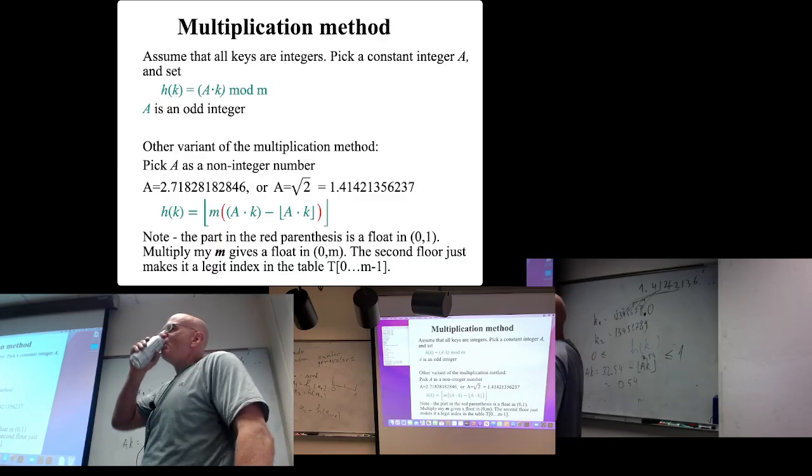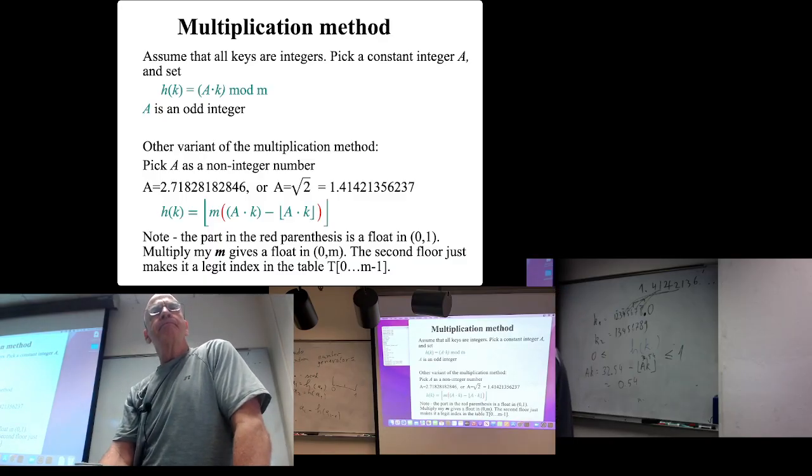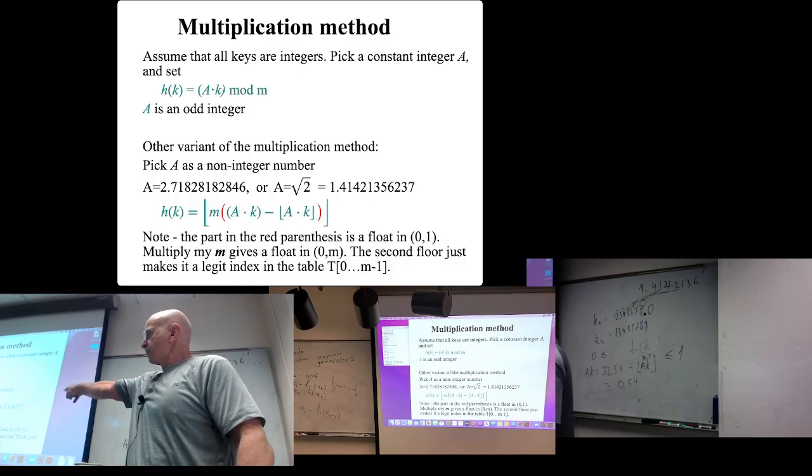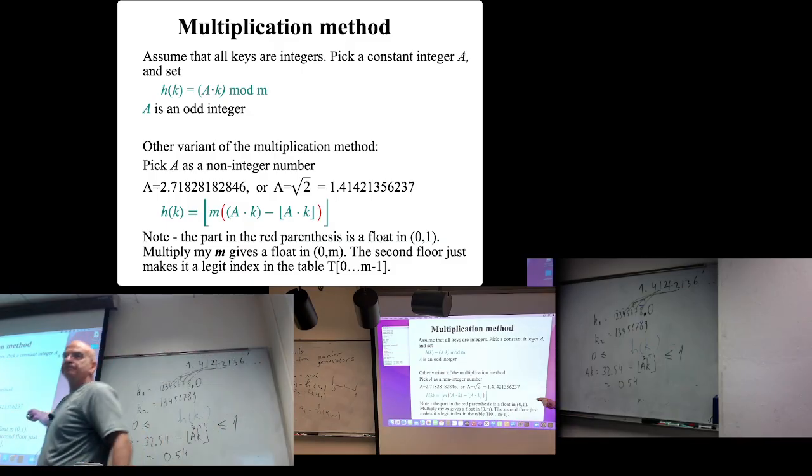I have a question. Is the outer floor function in the hash going to make it more likely to get a collision? You're talking about why do I use this one? Yes, the outer floor function, is it going to make it easier to get some collision?